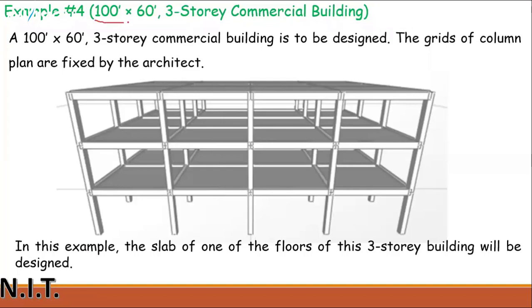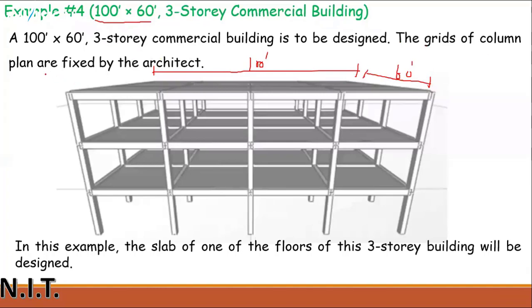Example number 4 has a 100 by 60 feet dimension. This building has 2 dimensions: this length is 100 feet, and this width from here to here is 60 feet. It's a 3-story commercial building.